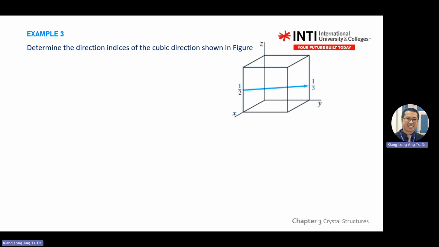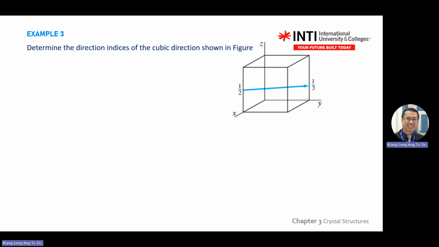If you don't know, you expand the denominator. What is the common denominator? 6, right? This one multiply by 3, you get 3 over 6. This one, 2 over 6. So from 3 over 6, move to 2 over 6. How many do you move?